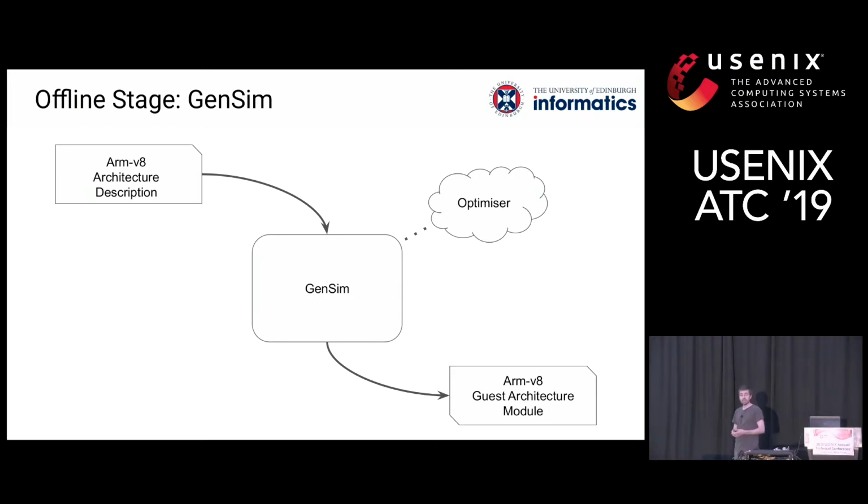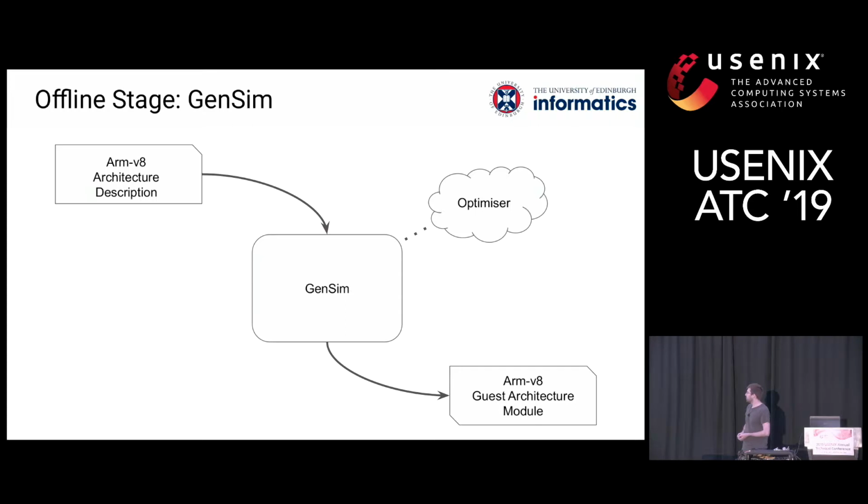I say C-like because it looks a lot like C, but there's domain-specific extensions that make writing architecture behaviors a bit easier, like rotate operators and various intrinsics. So you take the description, you pop it into GenSim, which is our simulator generator system, which optimizes the model and produces the guest architecture module, which is then used by the hypervisor.